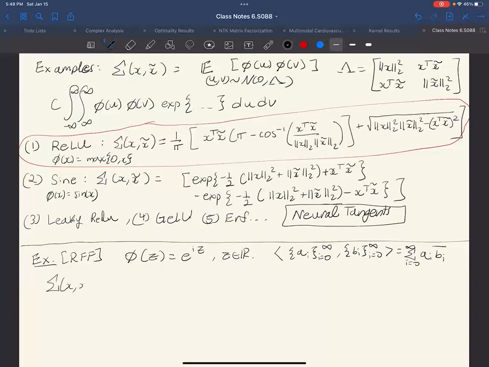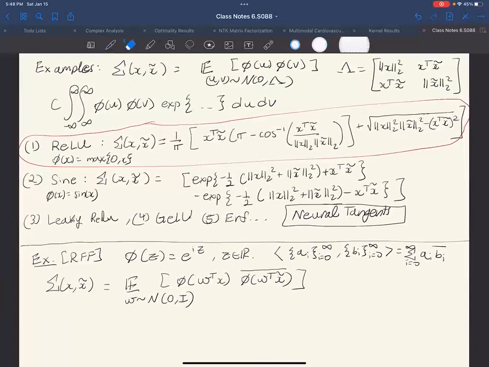In probability, we have convergence to this expectation. Remember, before writing in terms of phi of u, phi of v, we had it in terms of these isotropic weights, and it was just phi of w transpose x, phi of w transpose x tilde. But now, because of the inner product in the complex place, we have a conjugate here. So what does this thing simplify to?